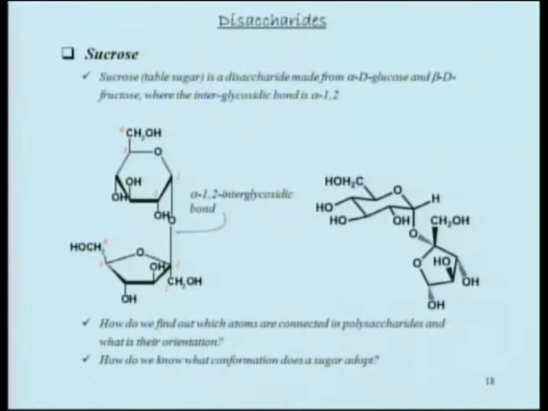The numbering 1 and 2 essentially refer to carbon number 1 is connected to carbon number 2 for the second monomer. That's 1. The alpha refers to that particular bond which is identified through orientation with that CH2OH.